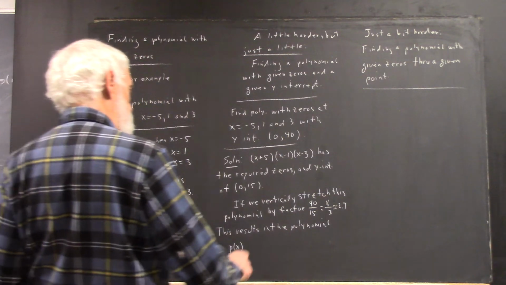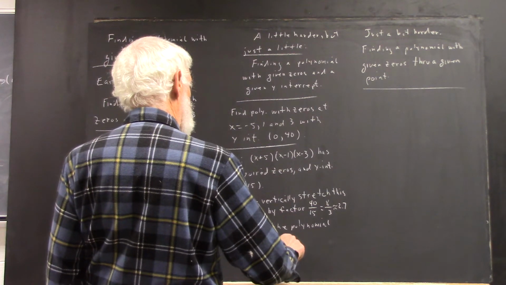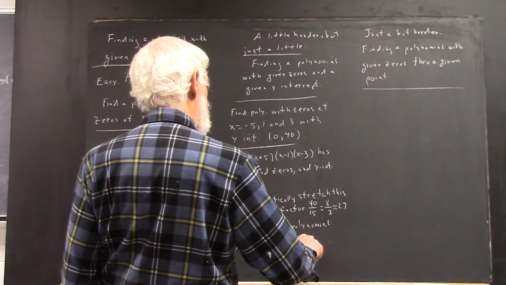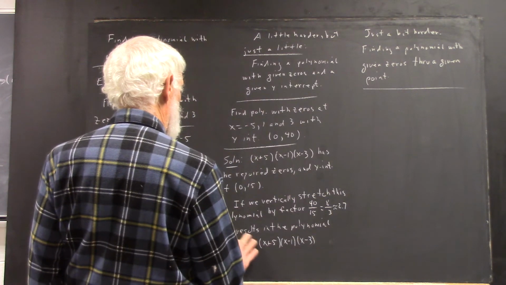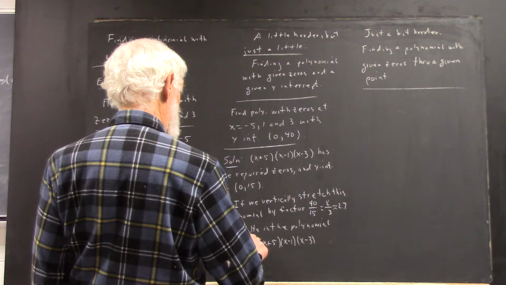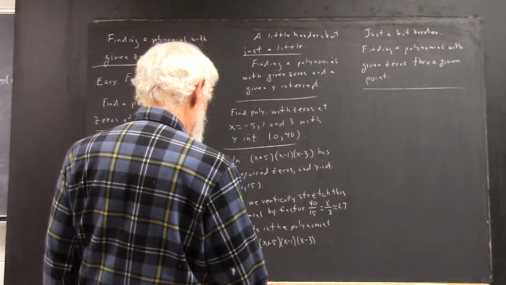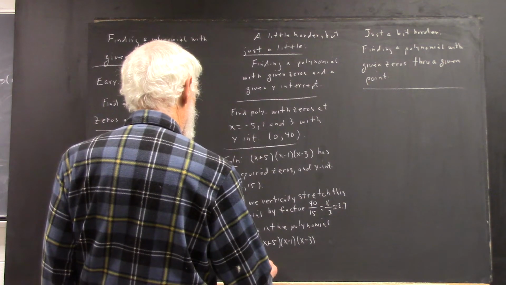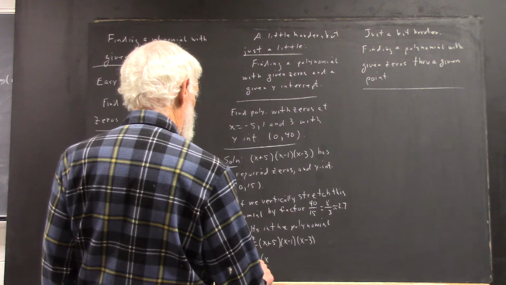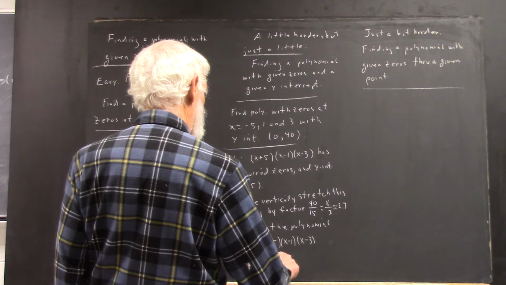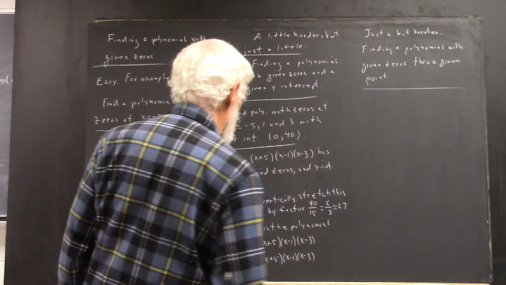Results in the polynomial p of x equals, well, you have your x plus 5 times x minus 1 times x minus 3, and you multiply this by, well, 40 over 15. I'll do that, 40 over 15, just to get to the original numbers, equals 8/3 of x plus 5 times x minus 1 times x minus 3.